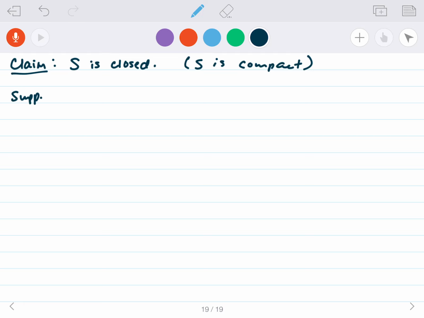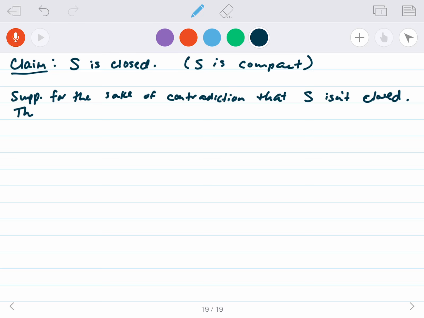So suppose for the sake of contradiction that S is not closed. Okay, and so we can use Theorem 5.2 here and mess around with sequences and get a contradiction, basically, is what we're going to do.